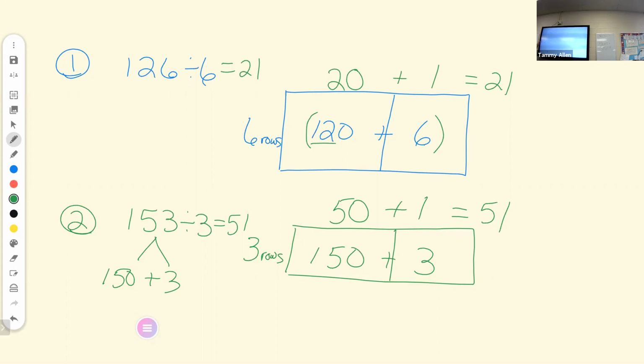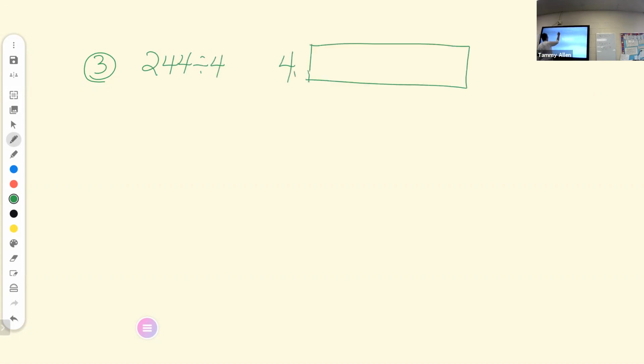Example 3 is 244 divided by 4. We're dividing by 4, so it'd be like having 4 rows.